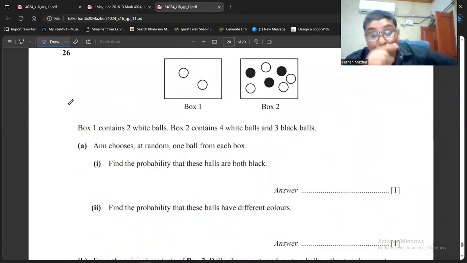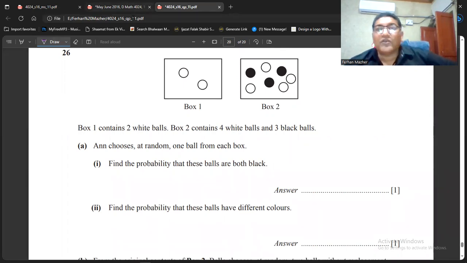Box 1 contains 2 white balls. Box 2 contains 4 white balls and 3 black balls. One ball is chosen at random from each box. Find the probability that both balls are black. So they are asking for black, black. From the first box, there is no black, so its probability is 0. From the second box, the probability is 3 by 7.